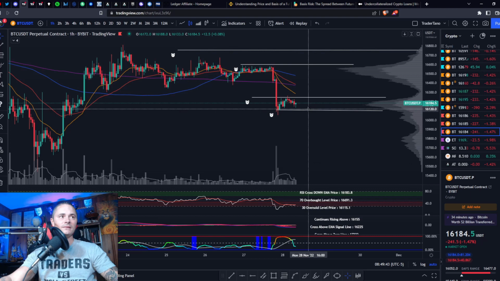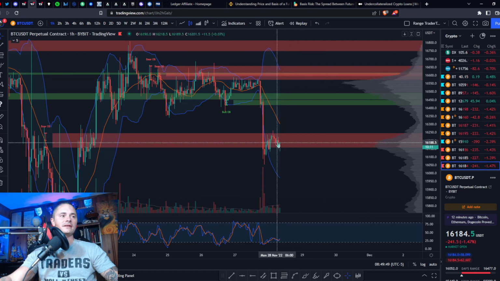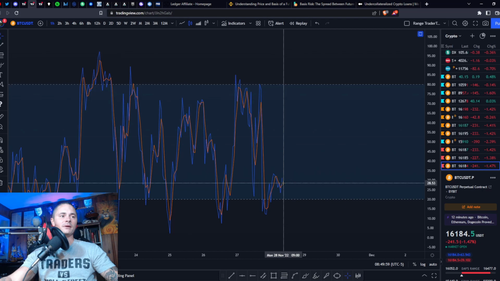Now, let's go over here to the order blocks. Okay, so we did fall below this bearish supply block, then pop back in it, got rejected from the top. Now we're finding support on the bottom. Stochastic is pointing up above your signal line, but it is on the current tick.